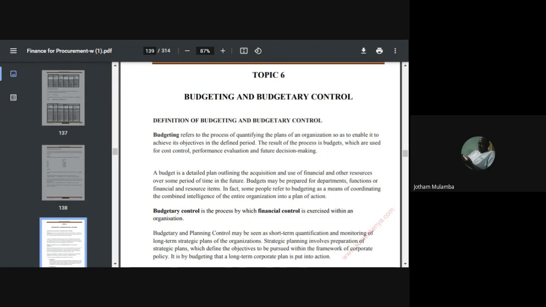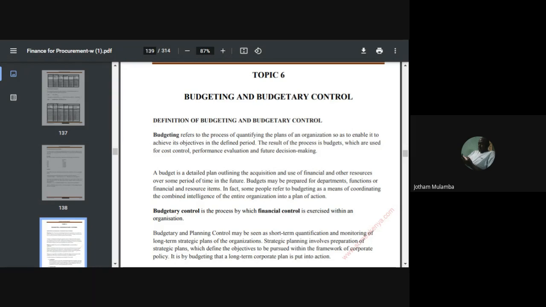So we have a process which we refer to as budgeting, where we estimate how much we are going to earn against how much we are going to spend. Once you have estimated this, we come up with a product which we refer to as a budget. Once you have come up with a budget, we then come up with budgetary control.